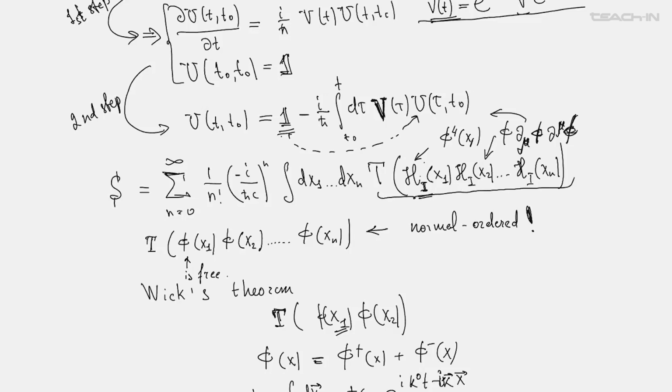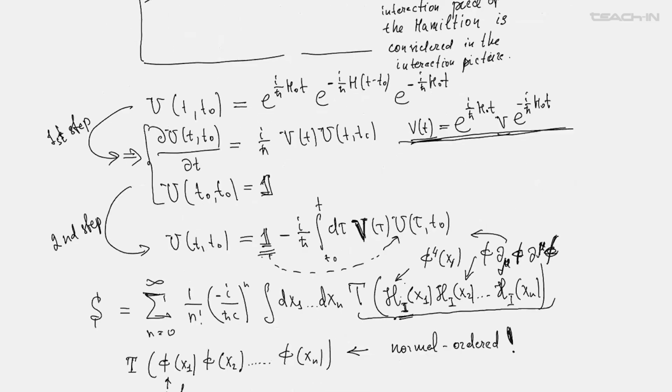If you would have another interaction, say phi 6, then you have to use here phi 6 instead. But still, evolution goes with the help of the free Hamiltonian, and that's why I'm using here expressions for the free fields and also the free field vacuum.